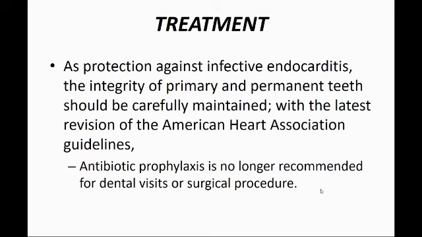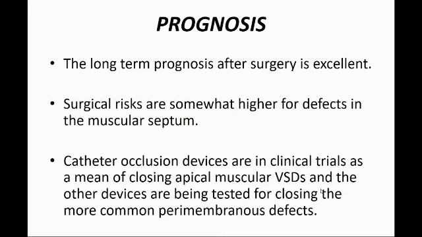Okay, now the guidelines of the American Heart Association regarding protection against infective endocarditis. The AHA guideline says that antibiotic prophylaxis is no longer recommended for dental visits or surgical procedures in case of a VSD. And long-term prognosis for children with VSD after successful surgery is excellent.